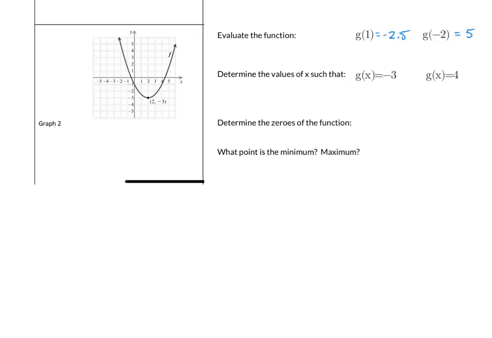All right, g of x equals -3. Remember, we want to determine the x values, so that means that -3 is a y coordinate. If we look for -3 on our graph, we have an x coordinate of 2, so that means x equals 2. All right, for g of x equals 4, we're looking for 4 on our y-axis.